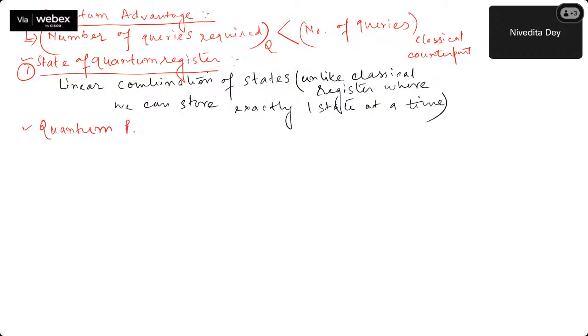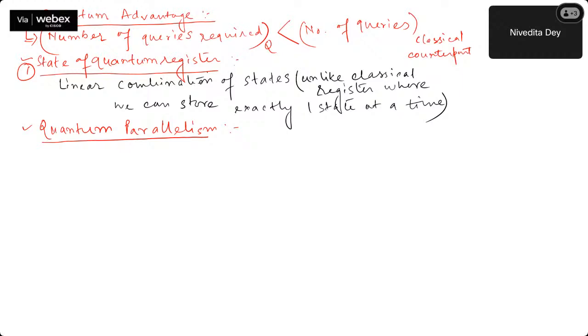Then quantum parallelism. Quantum parallelism in the sense that, if you bring quantum superposition into the picture, all the possibilities you can actually handle at the same time. With respect to the quantum algorithm, it means the computation of a function, any function it can be, for each of the states in the input register.